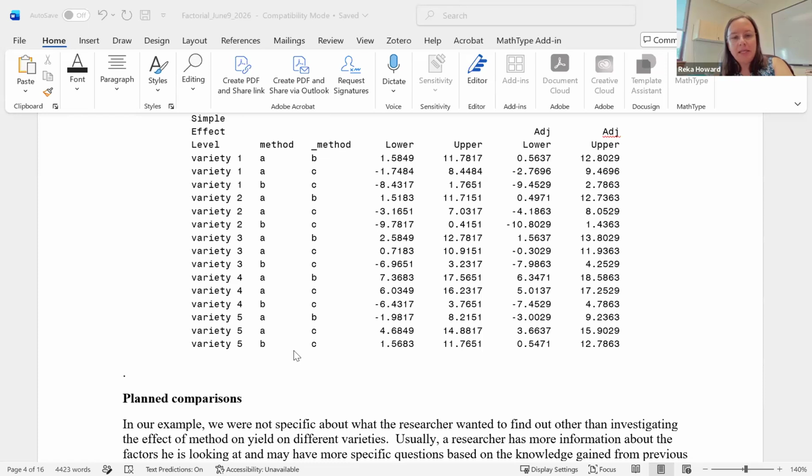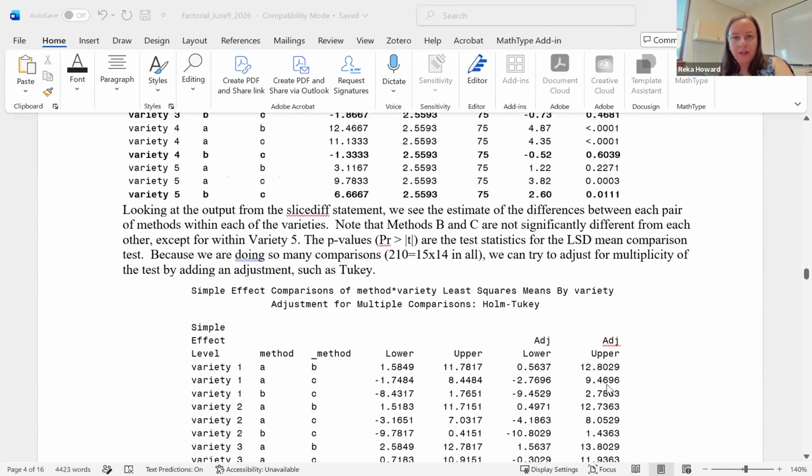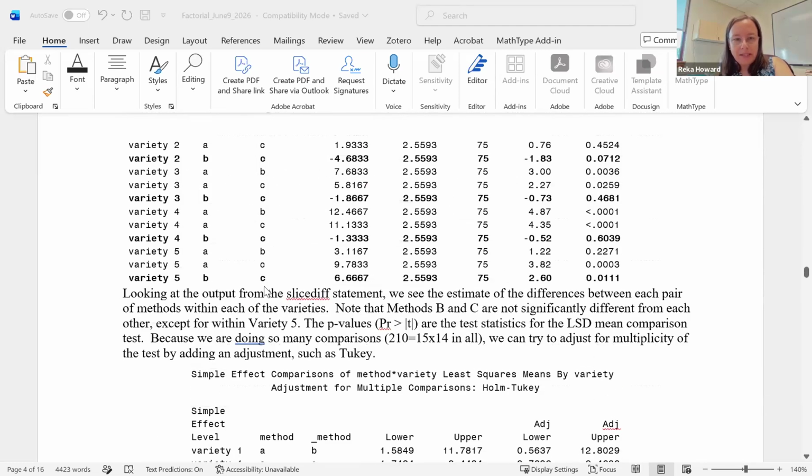Why not? Because B and C, I'm looking at the wrong table, I'm sorry. B and C is significantly different for variety 5. So for variety 4, B and C is not significantly different. For variety 3, it's not significantly different, and so on. So variety 5 is the only one where methods B and C are significantly different.